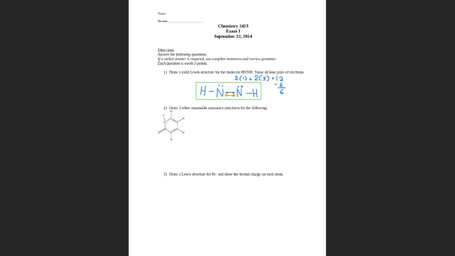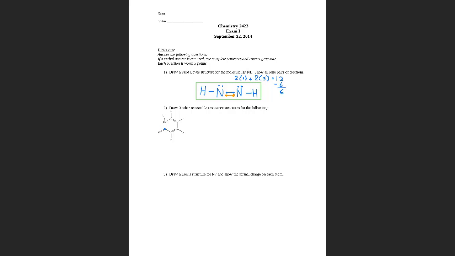So let me point out what I mean by that. If I look at this carbon right here, and I'll just mark it right there, that carbon has 3 electron domains, so that is sp2 hybridized.